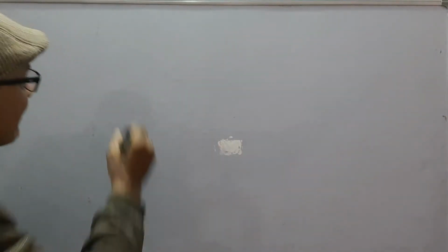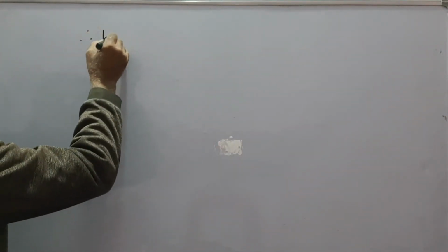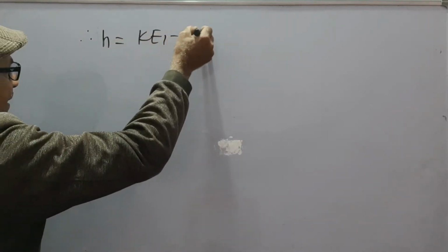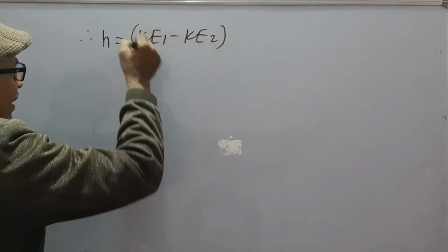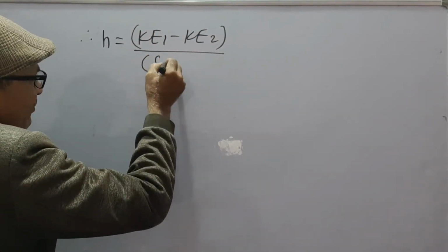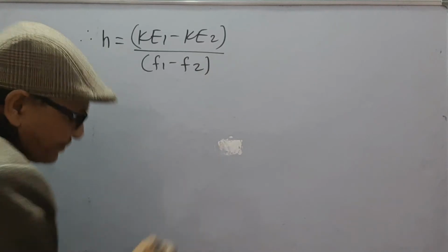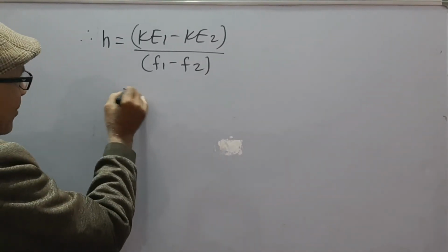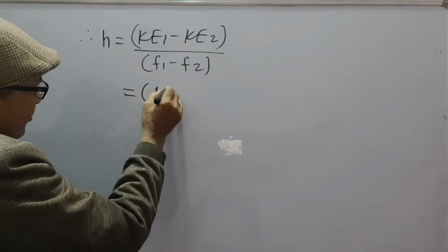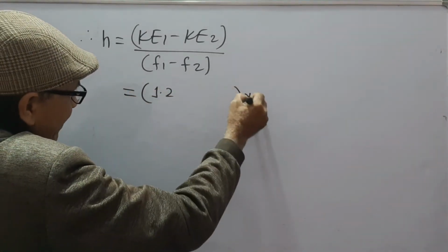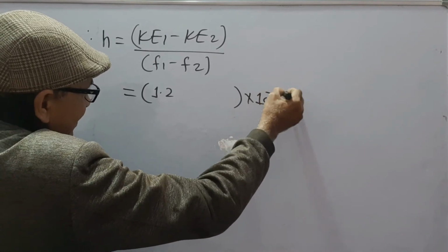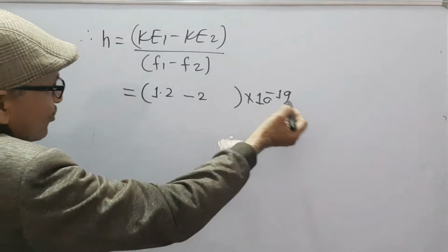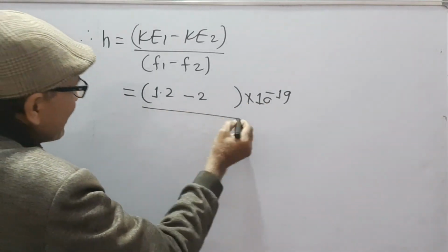Therefore, h will be equal to Ke1 minus Ke2 upon f1 minus f2. The values of Ke1 and Ke2 are 1.2 into 10 to minus 19 minus 2 into 10 to minus 19. 10 to minus 19 is common to both.